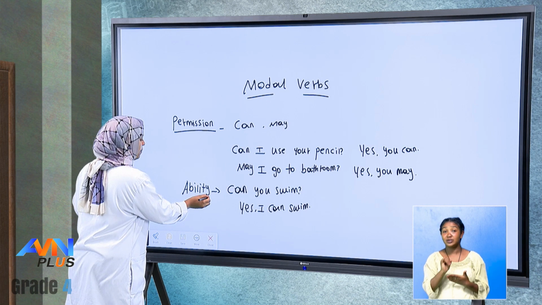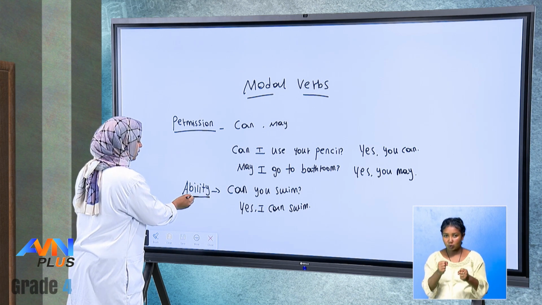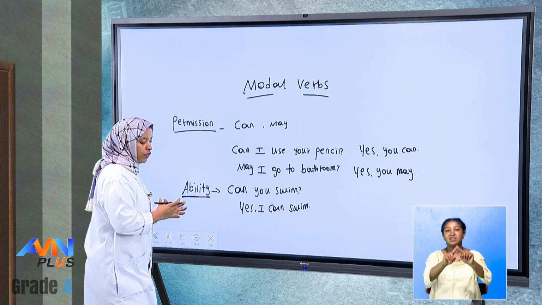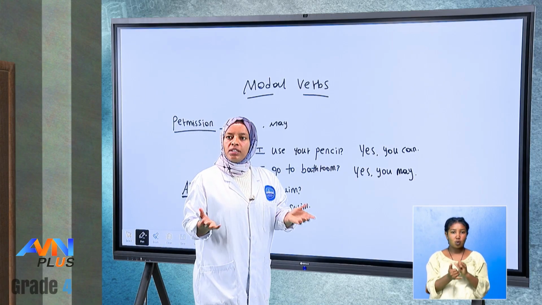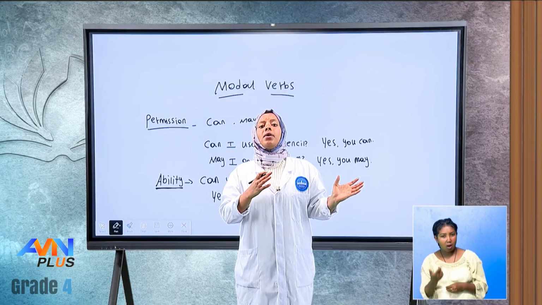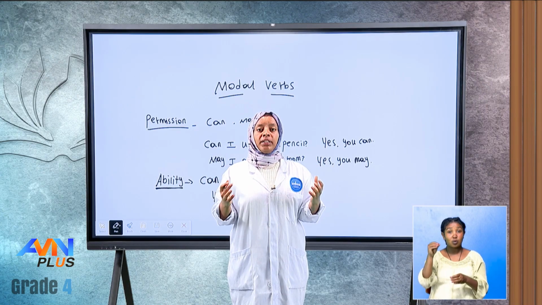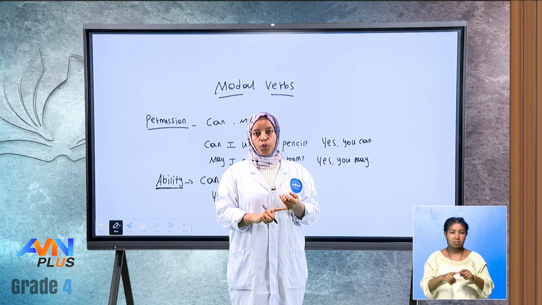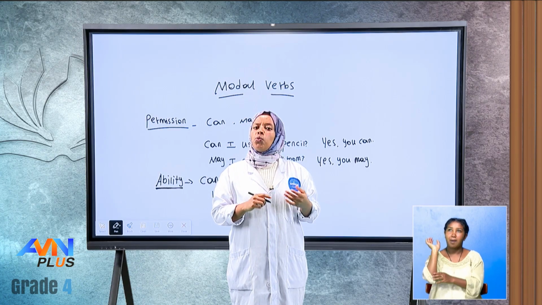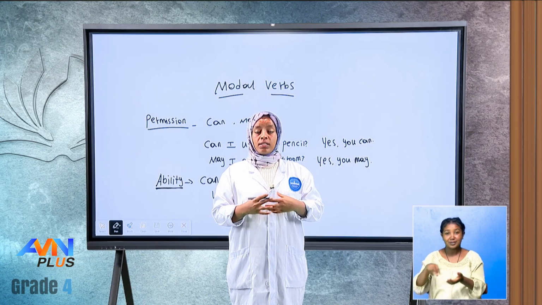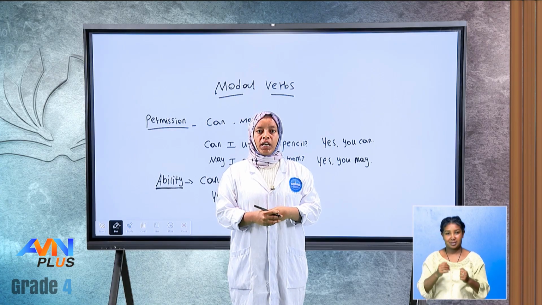This is ability. For example, different types of sport, activities, language. These are also included in ability. Different abilities like playing football, basketball, running, dancing. These are ability.